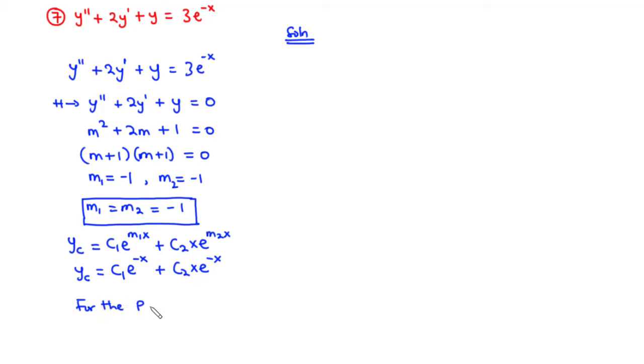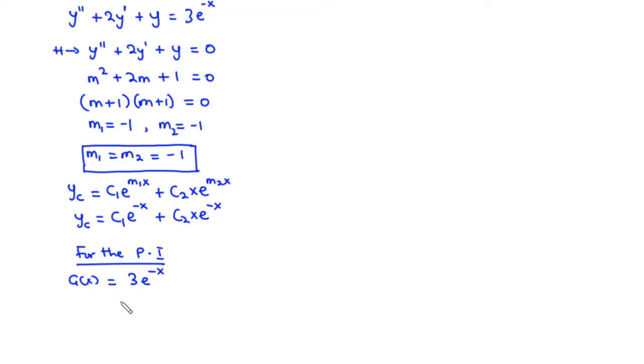Now for the particular integral, we have g of x, the function on the right hand side, to be 3 times e to the power negative x. Now looking at the function g of x, you realize that we have e to the power negative x, and from the complementary function we have e to the power negative x and then x times e to the power negative x.